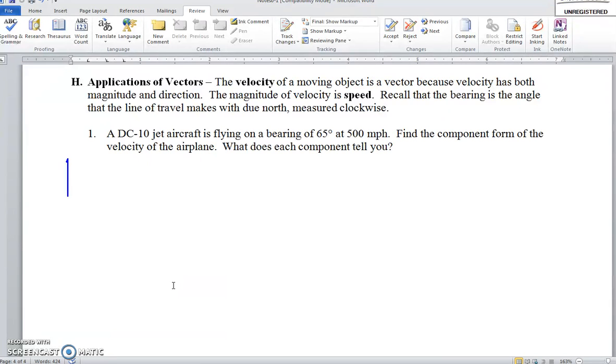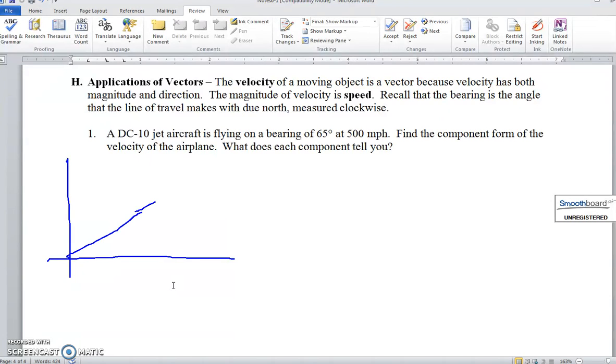Let's say that this represents the origin, maybe where the plane took off from, and it's going to fly on a bearing of 65 degrees. So maybe something off in that direction. Okay, the bearing was 65. That's from straight north here.